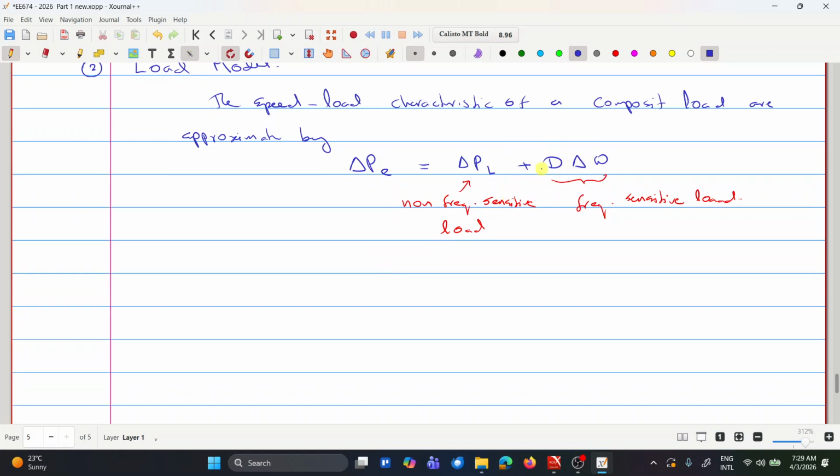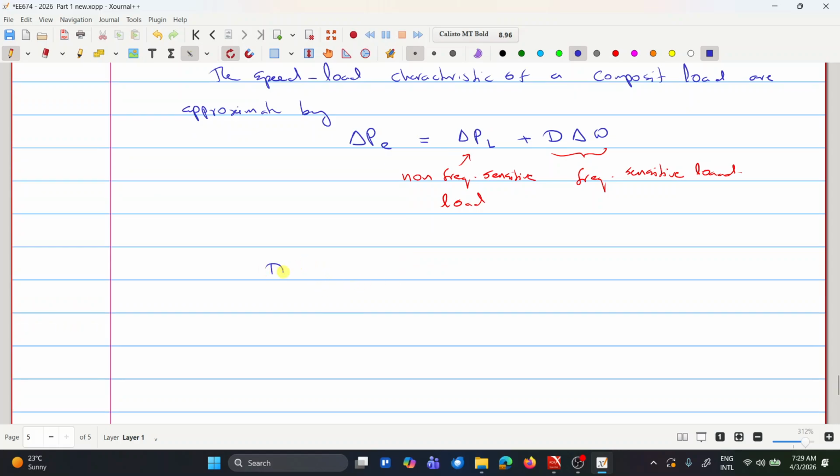The D here is defined as the percentage change in the load divided by the percentage change in the frequency.